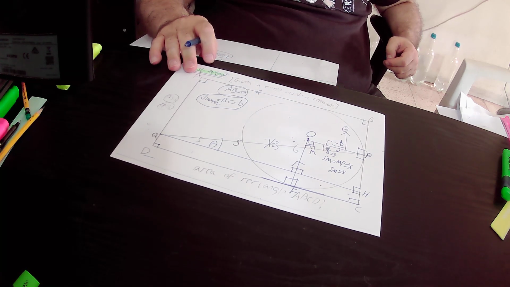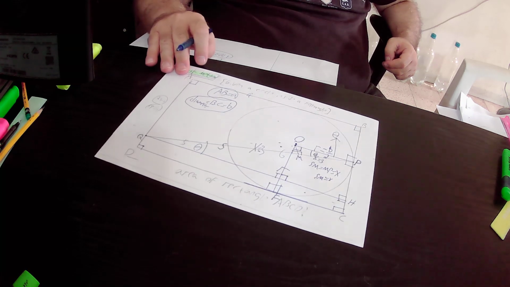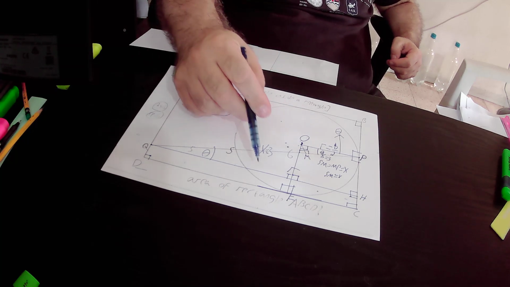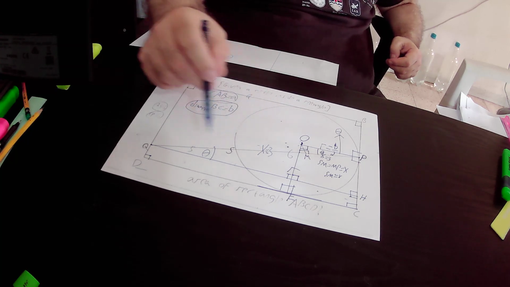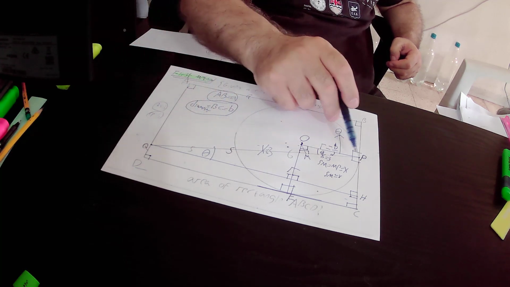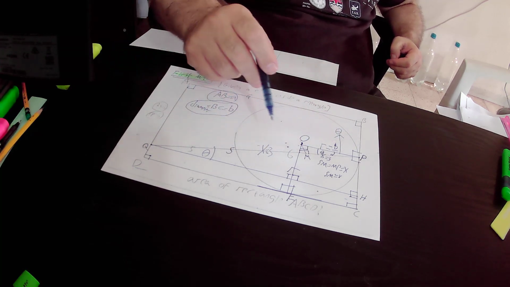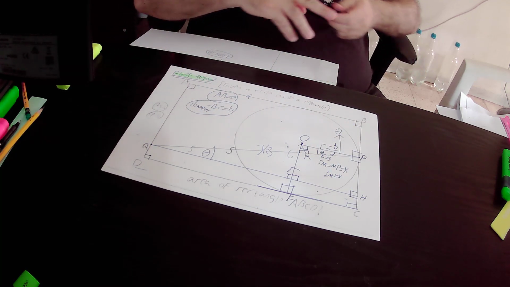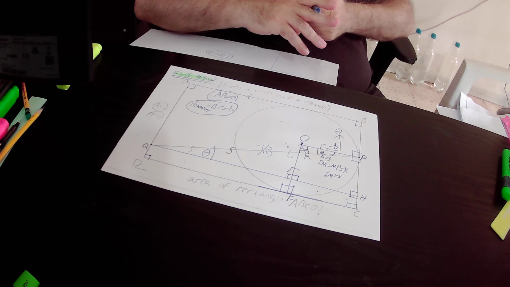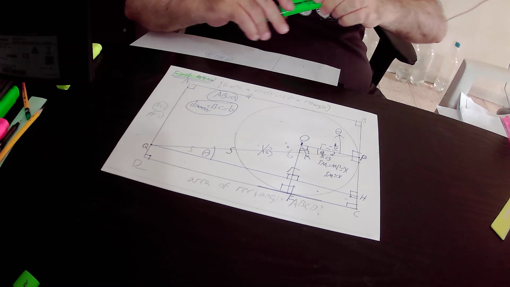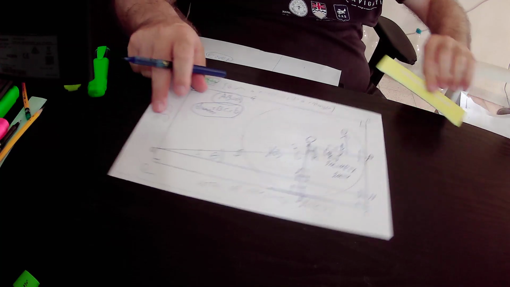In the next step, we'll focus on quadrilateral QHDC. In this quadrilateral, we have 1, 2, 3 right angles. And if a quadrilateral has 3 right angles, the fourth angle must also be equal to 90 degrees.